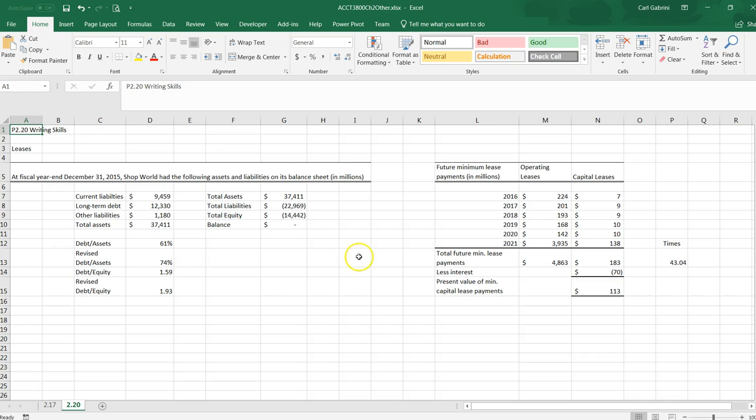Now, when we talk about debt structure, it refers to the duration and timing of principal and interest payments on loans that the company takes out.